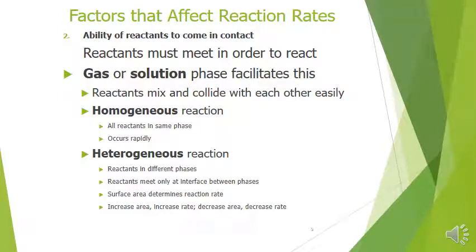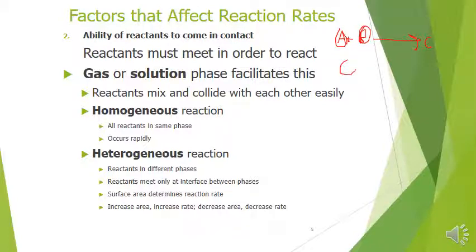Another key thing that affects chemical rates besides the chemical makeup is how well the reactants can come together. So if you have A plus B going to C, how well do A and B interact with each other? They may be very specific on how they interact.